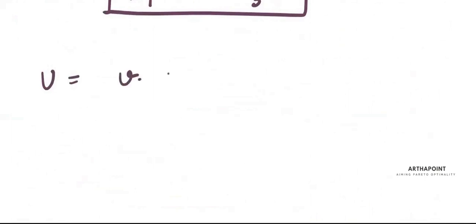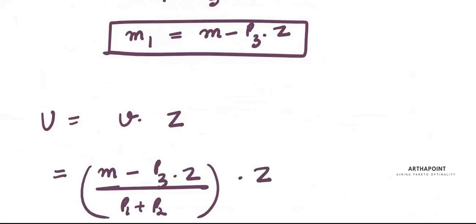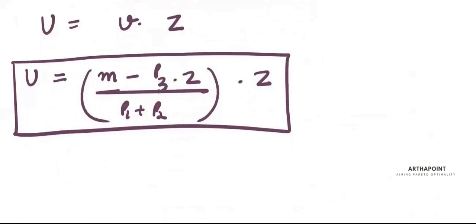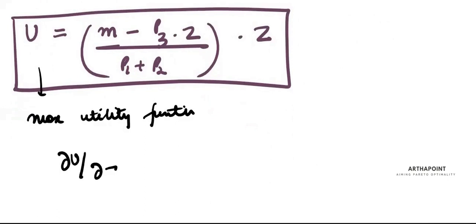So my utility function was V into Z. I found out a value of V, which is M minus P3 into Z upon P1 plus P2 into Z. The entire utility function is only in terms of Z. You can maximize this utility with respect to Z. So when you maximize this utility function with respect to Z, how utility changes when Z changes, equate it to 0, you will get M minus, this will become Z square.